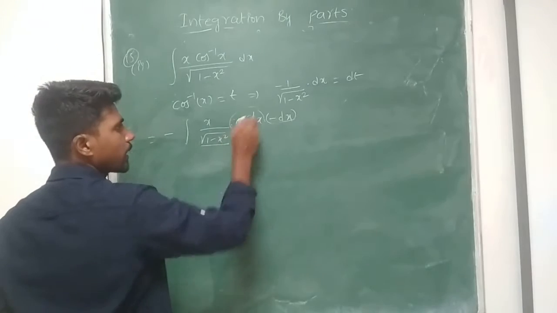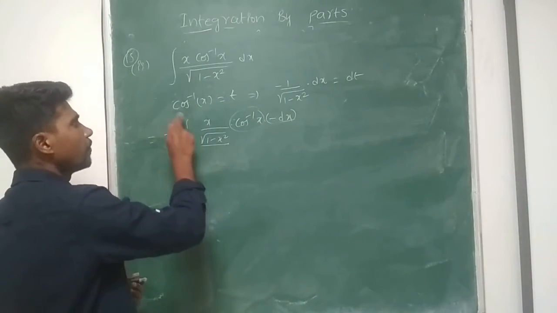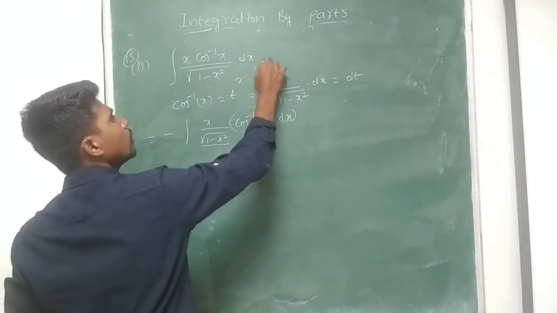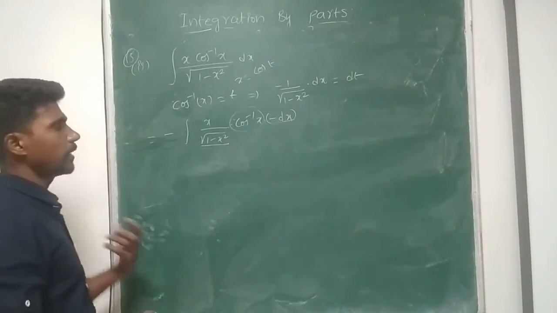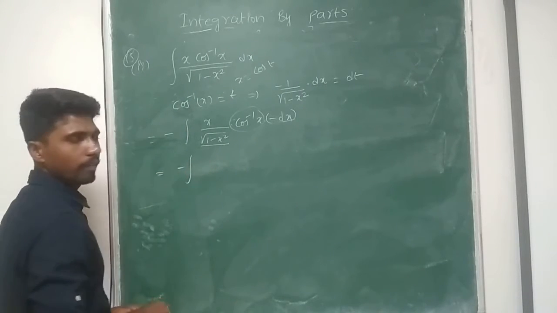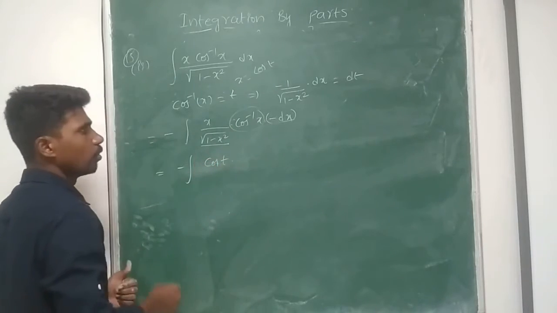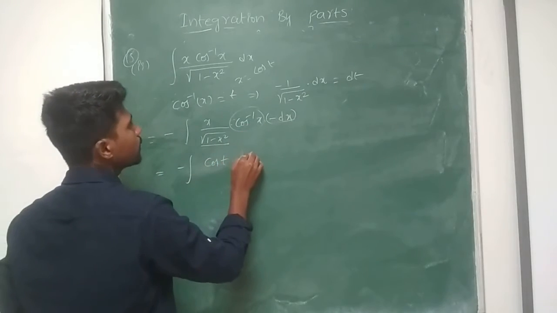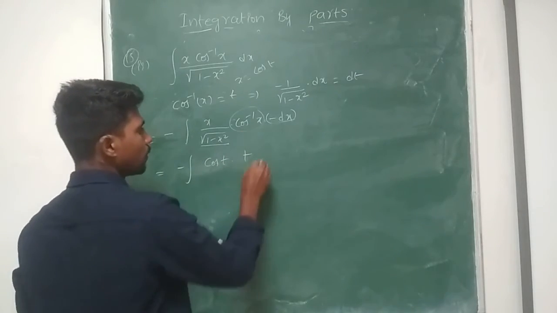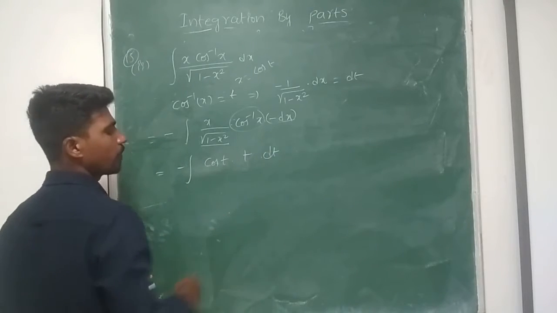Cos inverse of x can be replaced as t. And what about x? If cos inverse x is t, x will be equal to cos t. So x can be replaced as cos t. So this is reduced to the form minus of integral cos t into t dt.